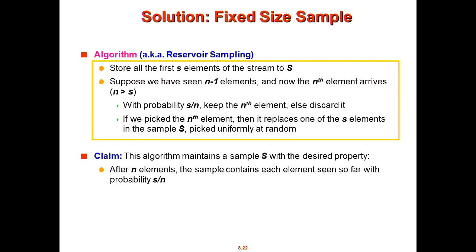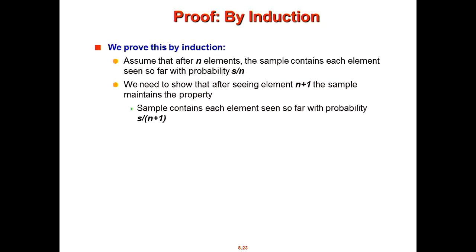You select one of the S elements at random, uniformly, and you throw out this element from S. Then you put this new element into S. So that's it. That's the algorithm. But why can it maintain its probability? That's the problem we want to study.